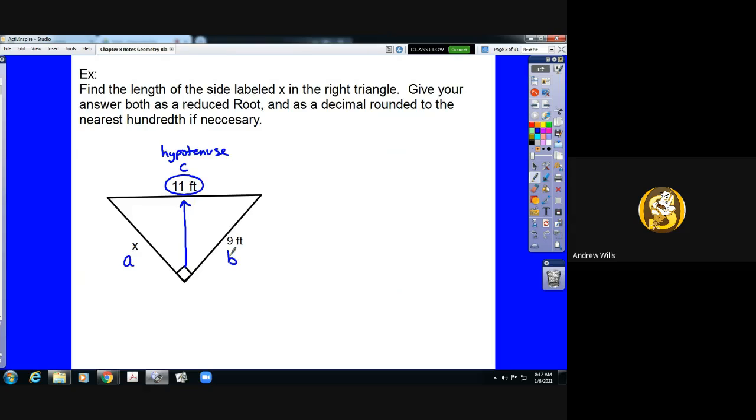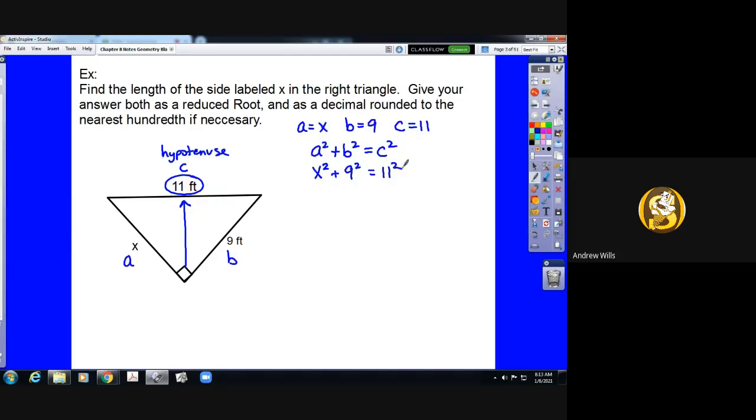So we have our variable is one of the legs, our other leg is 9 feet, our hypotenuse is 11 feet. The work is still pretty much the same. The solving is going to be a little bit different. We're still going to plug into a squared plus b squared equals c squared. But this time we end up with the equation x squared plus 9 squared equals 11 squared.